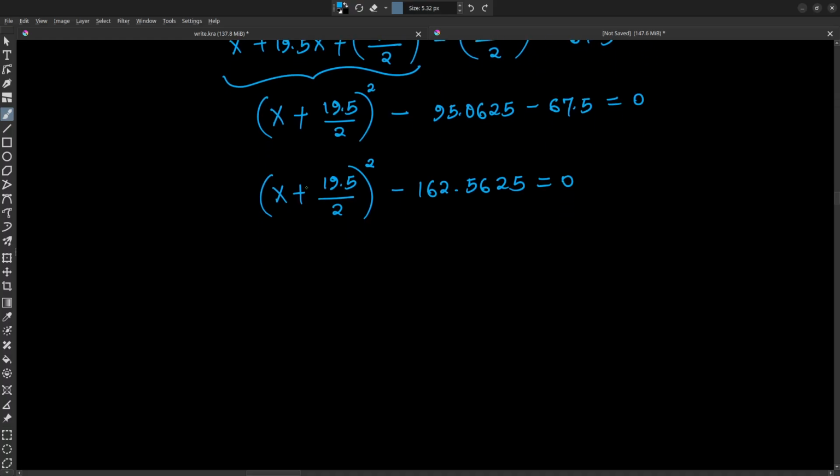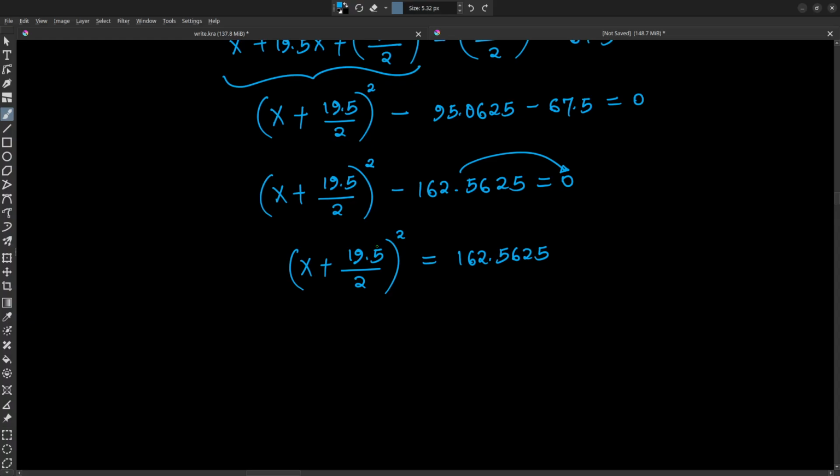Our interest is, of course, the x. So first of all, let's take this to the right side. So on the left, we are going to remain with x plus 19.5 over 2 squared. And now we are saying this is equal to, when the negative 162.5625 goes to the right, it becomes positive. So 0 plus that, we get 162.5625.